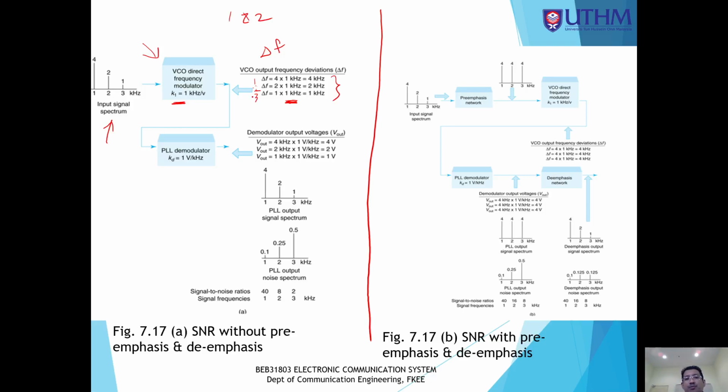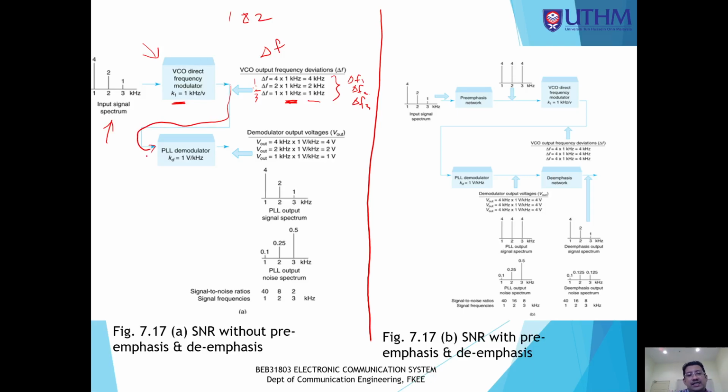I get the output: delta F1 is 4 kilohertz, delta F2 is 2 kilohertz, and delta F3 is 1 kilohertz. So this is transmitted to the receiver.